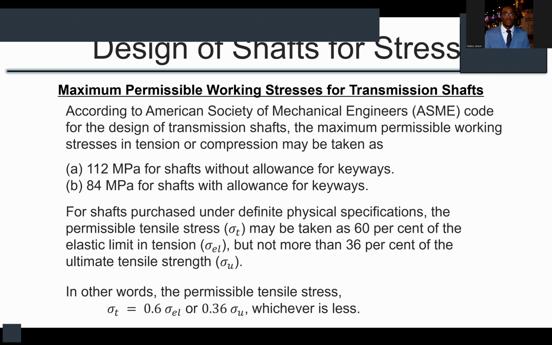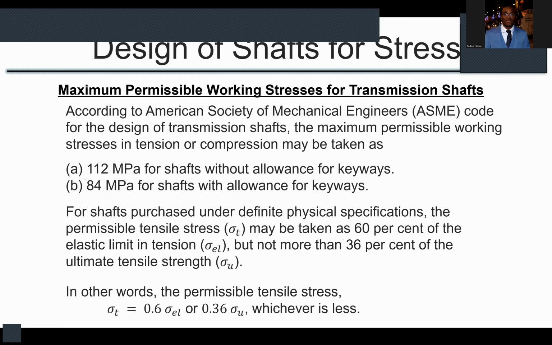So the first condition is either 112 megapascals. If you don't have access to these properties, you don't know what the ultimate tensile strength is, you don't know what the elastic limit in tension is, then when you are given a shaft, just assume 112 megapascals if that shaft is not going to have keyways. But if it will have keyways, then it's 84 megapascals.